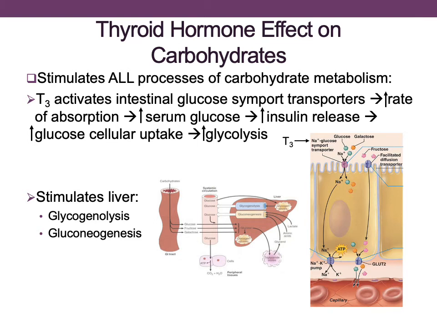This increased insulin will stimulate cellular uptake of glucose, which will then lead to increased glycolysis for energy production. It will also stimulate the liver to produce glucose either through gluconeogenesis or for breaking down the glycogen stores through glycogenolysis.